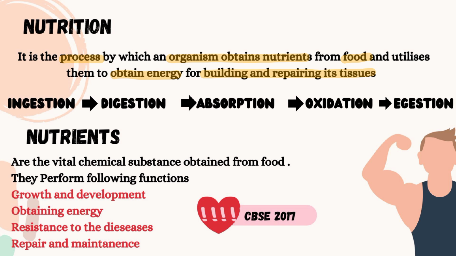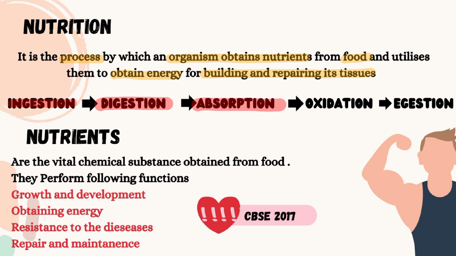This nutrition can be seen as a complex mechanism which starts with ingestion. Ingestion is nothing but the intake of food. After ingestion, the food passes on to the stomach where it is digested, and the digestion takes place completely in the small intestine where it is also absorbed.